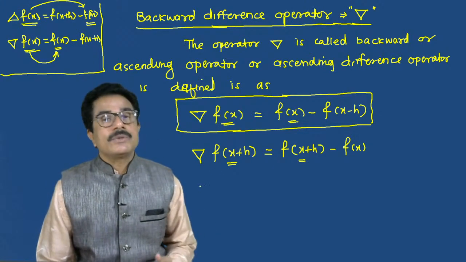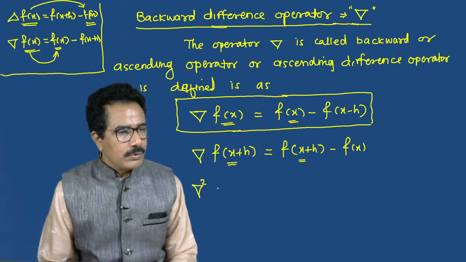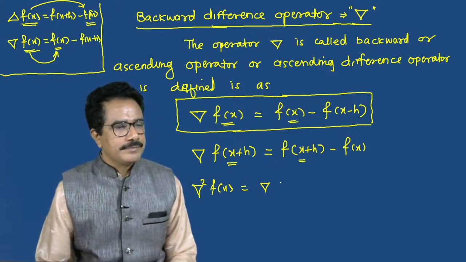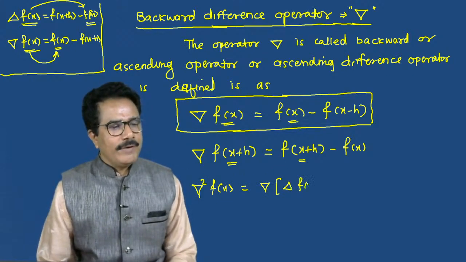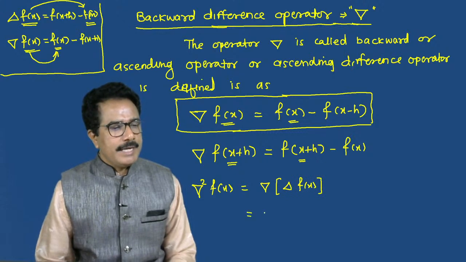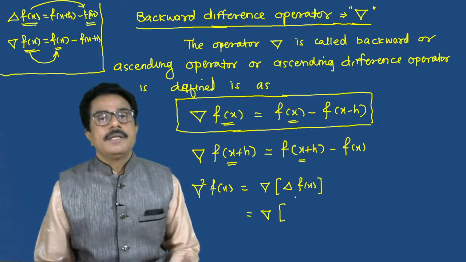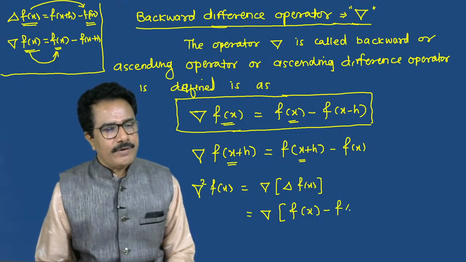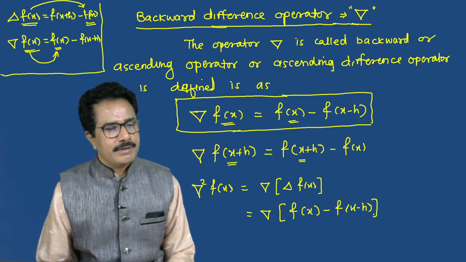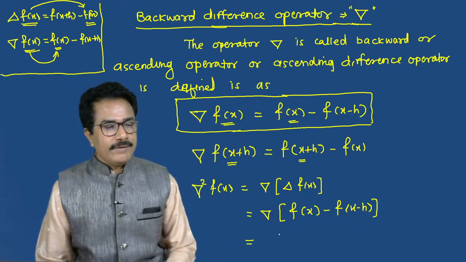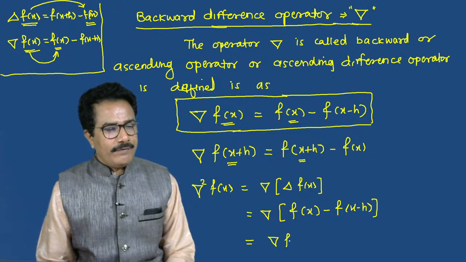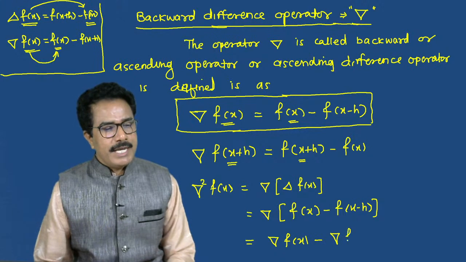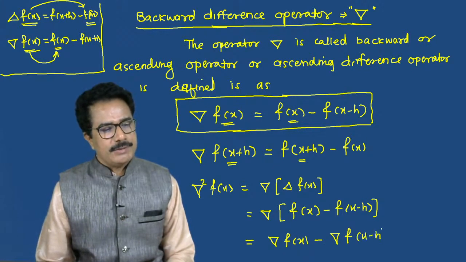Now from this we can find del squared. Del squared f of x means del of del f of x. Use the formula: del f of x minus del f of x minus h.